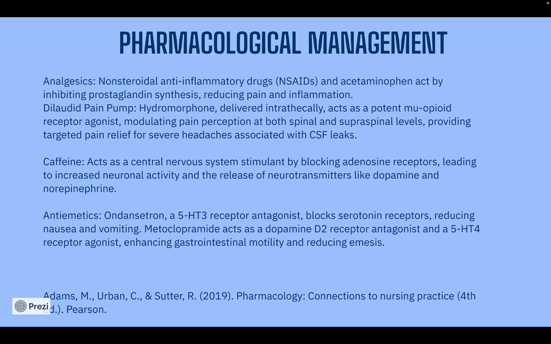A pain pump delivers hydromorphone or Dilaudid directly into that intrathecal space, and it's a more targeted approach for providing pain relief in cases of severe headaches associated with CSF leaks, especially when Tylenol or NSAIDs just aren't cutting it.